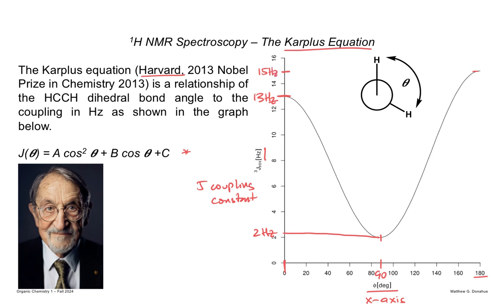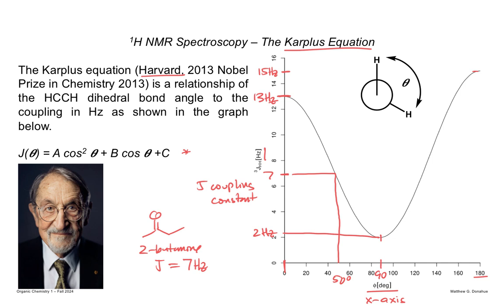We saw already from the prior exercises from the 2-butanone, we calculated a J value that was 7 hertz. So if we go over to the y-axis, we find 7 hertz, we come over to the curve, we draw a line down, you'll see that we're about 50 degrees.